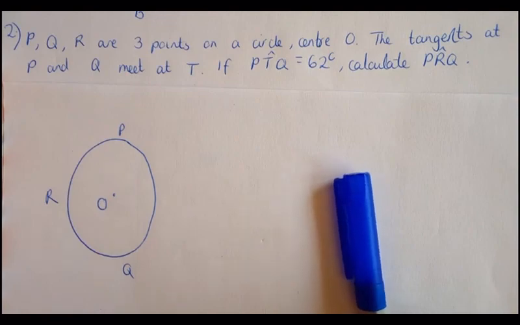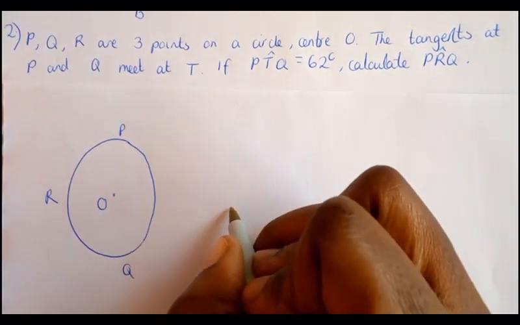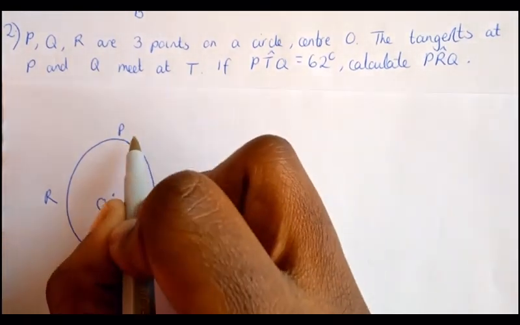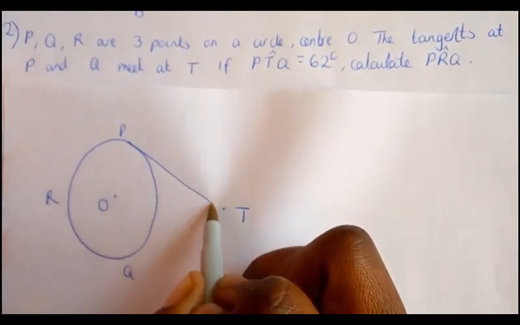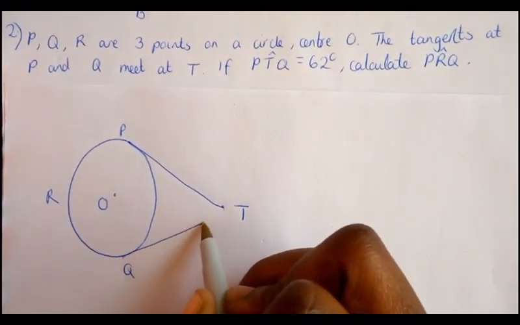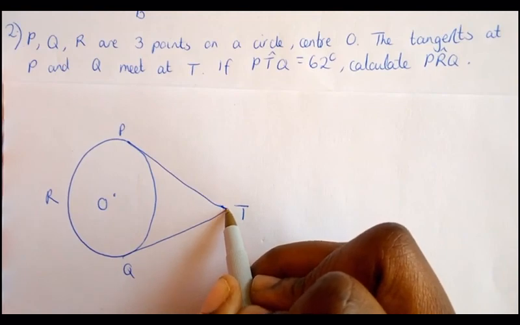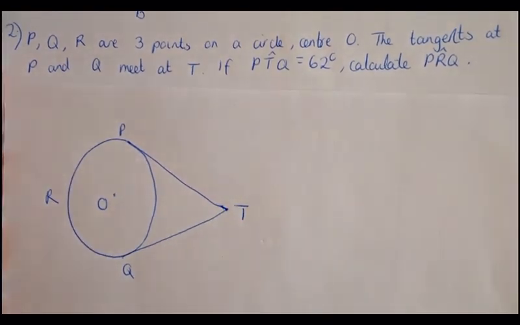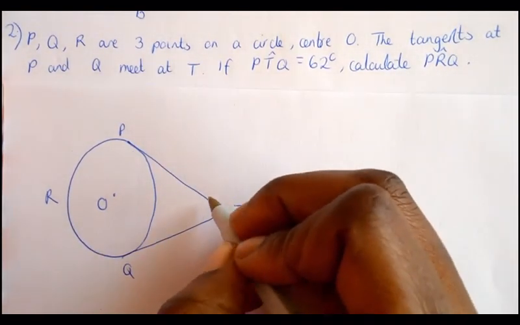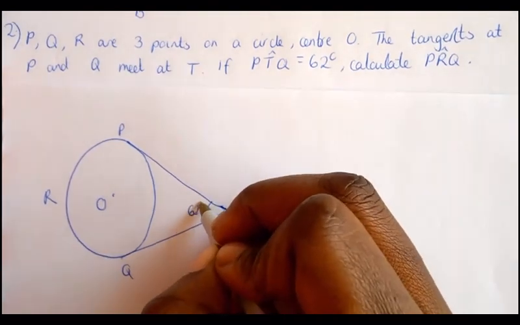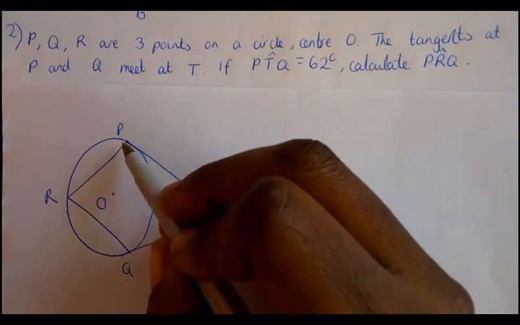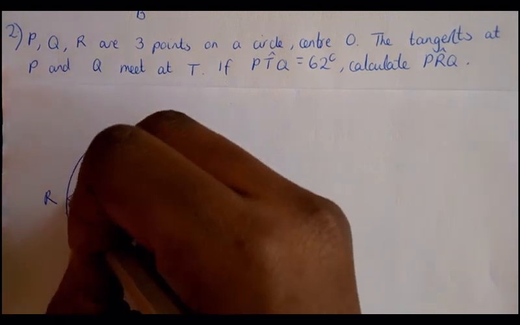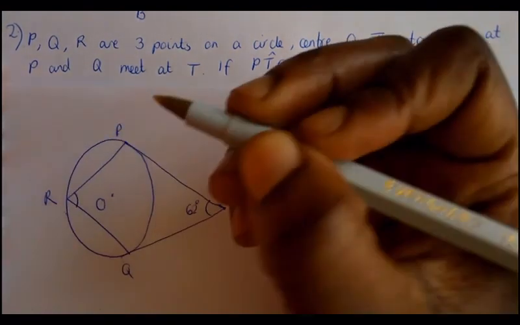The tangents at P and Q meet at T. This is point T. We have a tangent at P, and at Q they meet at T. These are straight lines. If PTQ is equal to 62 degrees like this, we want to calculate this angle PRQ. This is the missing angle.